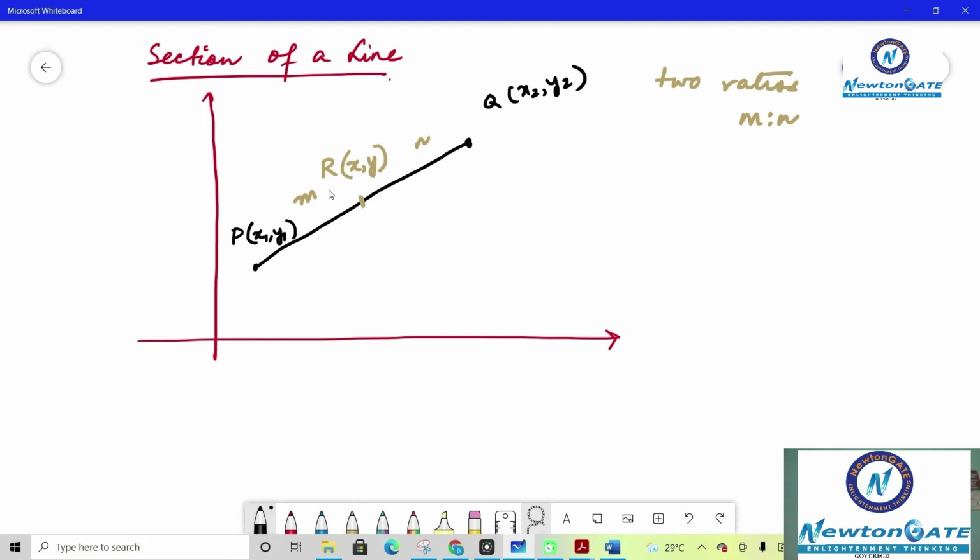Now, again, previously we have known that the distance of this point from x axis is x1 and this distance is x2.